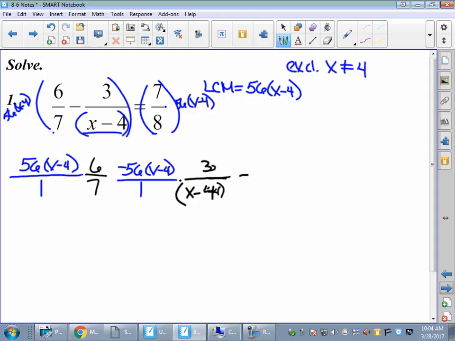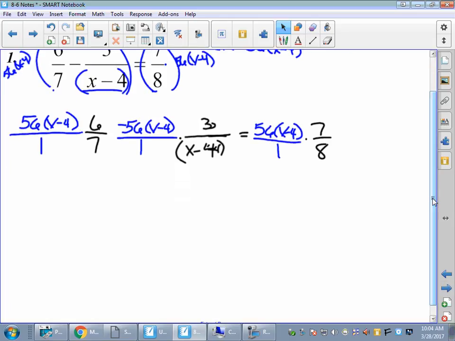Is equal to, and one more time, 56 times x minus 4 over 1 times 7/8. So notice I put that negative with the 56 because the subtraction sign, you want to make sure you don't forget about it. So now we're going to go through and eliminate.